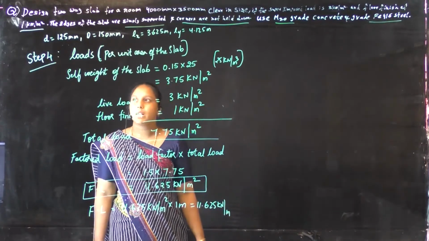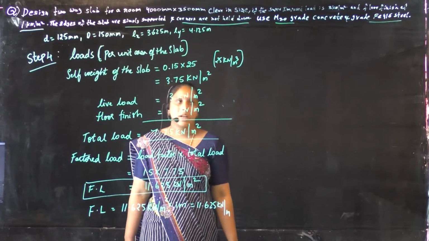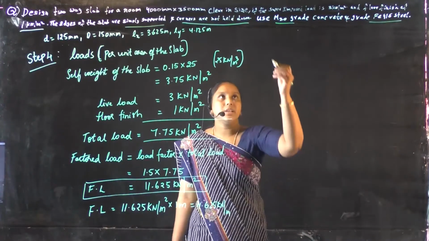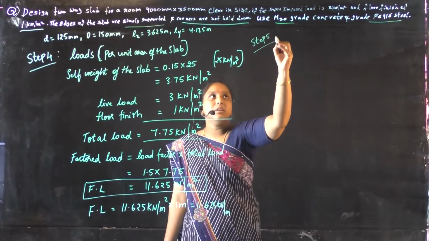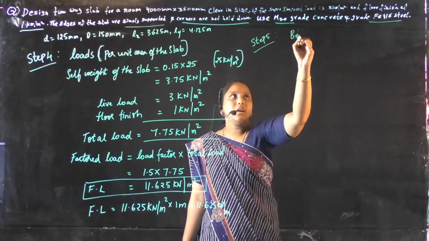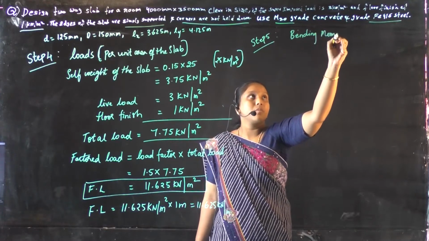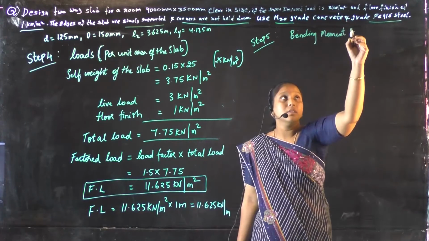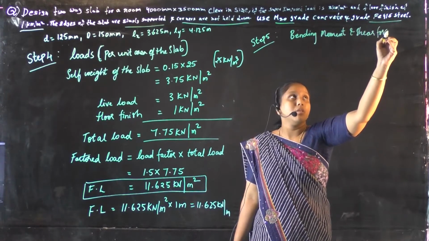Now we have calculated the loads which are acting on the slab. So what is the next step? The next step is to calculate the bending moment and the shear forces.